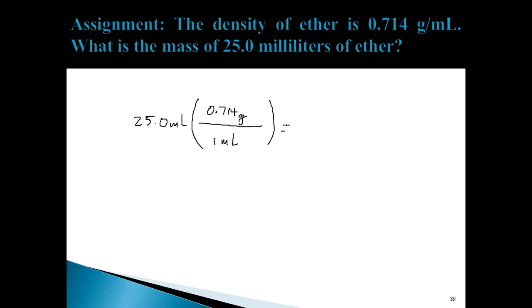All I have to do is compute on my calculator 25.0 times 0.714, and the answer when rounded off to 3 sig figs would be 17.9 grams. In fact, I'm sorry, this should be 18.0 grams. All right, so that's how I would do that.